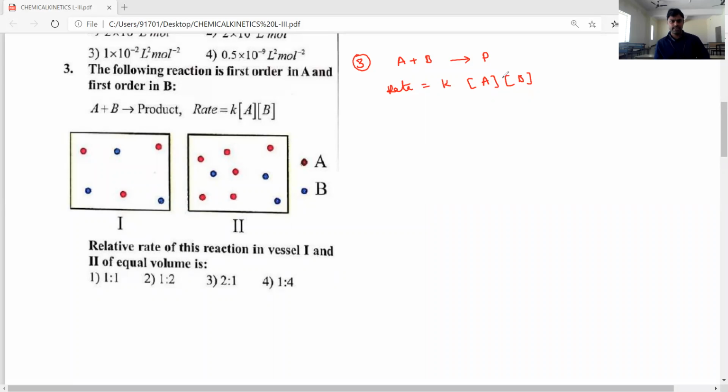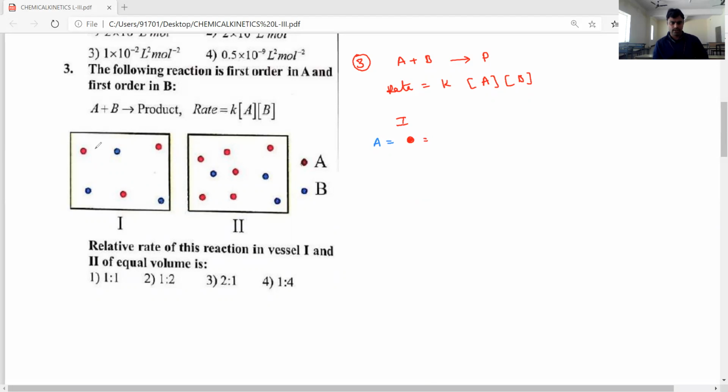Okay, now let's see the first vessel. In the first vessel, how many A atoms are present? They are symbolized by these red color dots. 1, 2, 3.